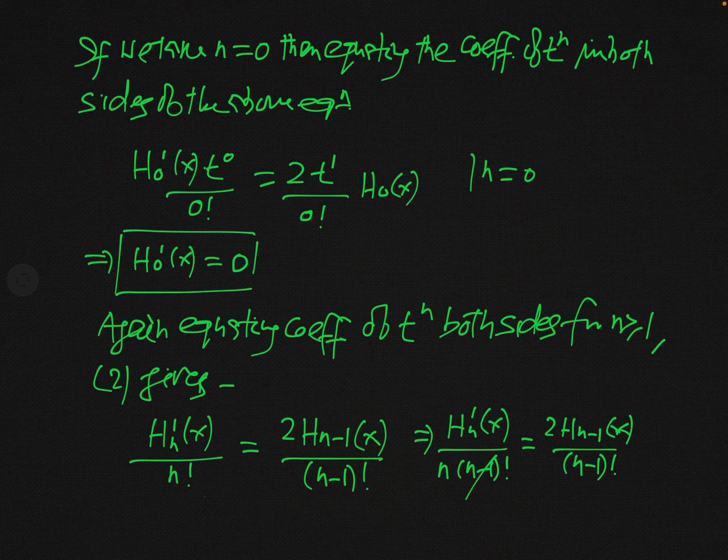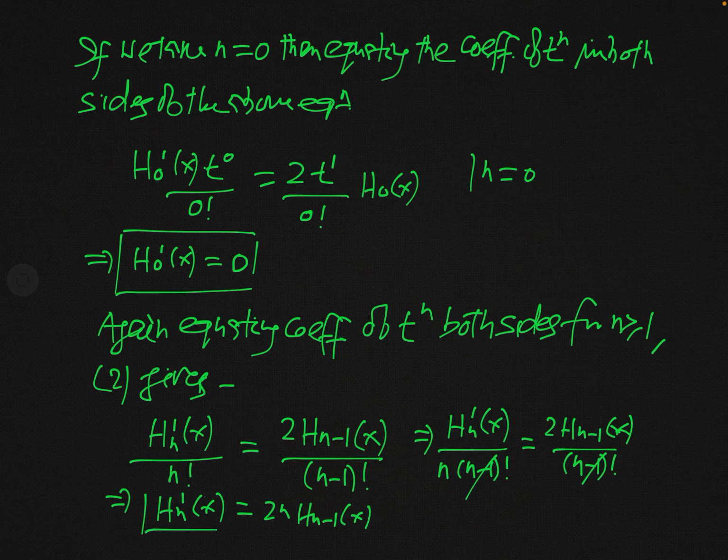So now n minus 1 factorial in LHS and RHS will cancel out, and you can see that our result will be simply Hn prime of x equal to, take the cross multiplication, 2n Hn minus 1 of x.